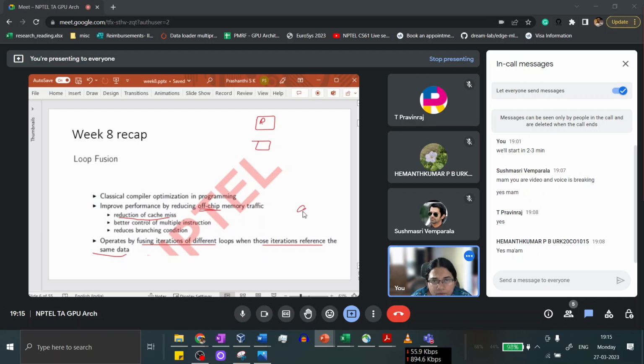For instance, if both your loops are accessing the same a of I, maybe one of them does a of I plus 2 and the other does a of I plus 3. What happens if I finish the entire loop 1 and then go to loop 2? Let's say this array is very big and doesn't fit into the cache.